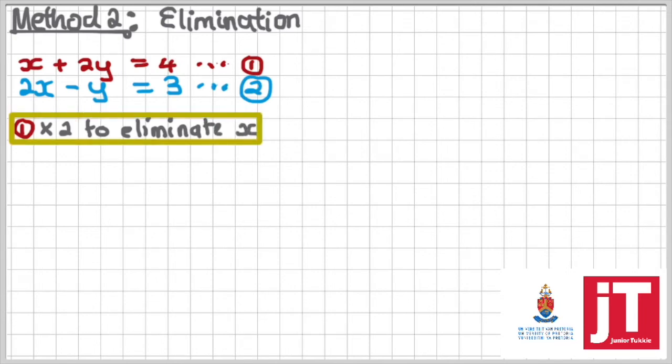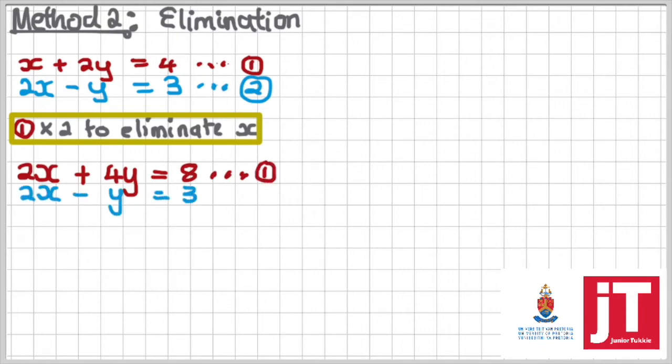What is the whole objective of multiplying by 2? It is because I want the coefficients of x to be the same, irrespective of their sign. Whether positive or negative, it doesn't matter. So if I multiply by 2, I get 2x plus 4y is equal to 8. Still, that is my first equation. My second equation remains the same. It doesn't change.